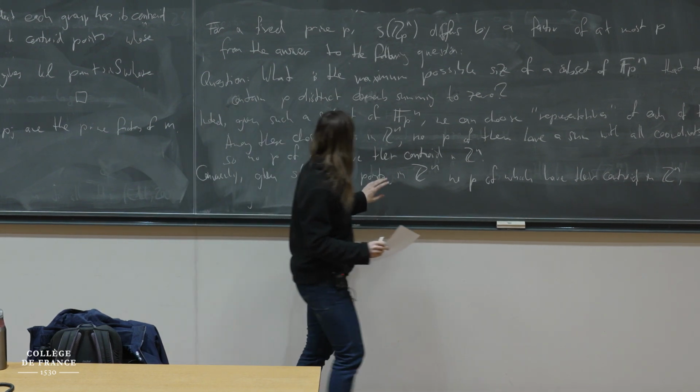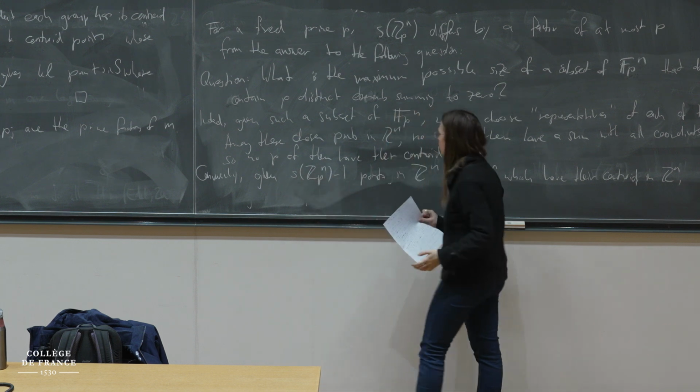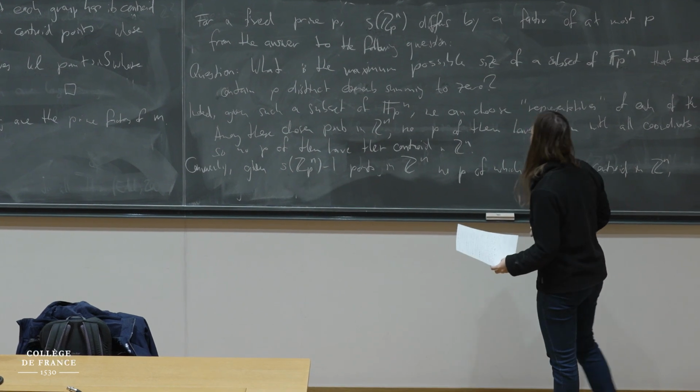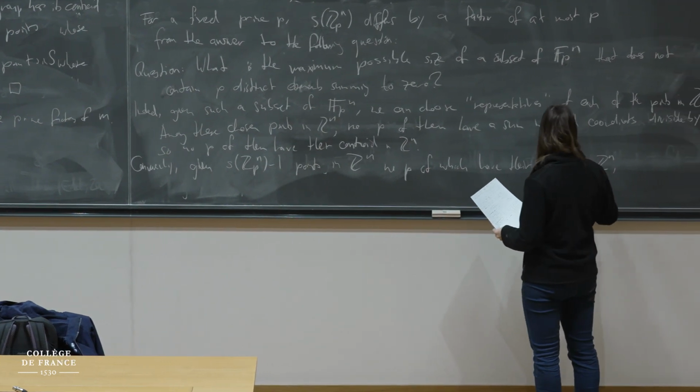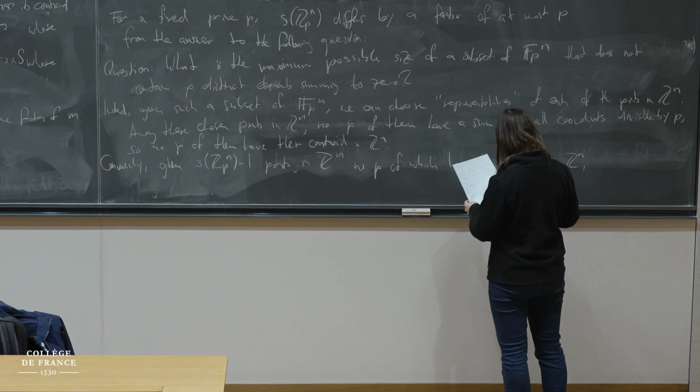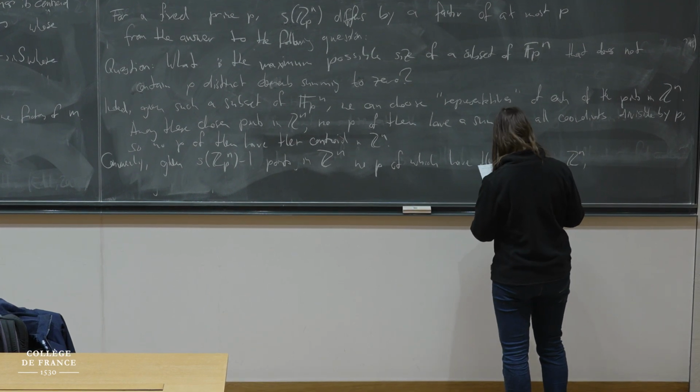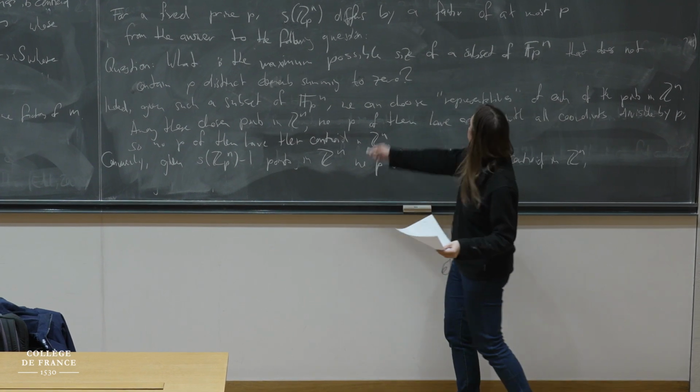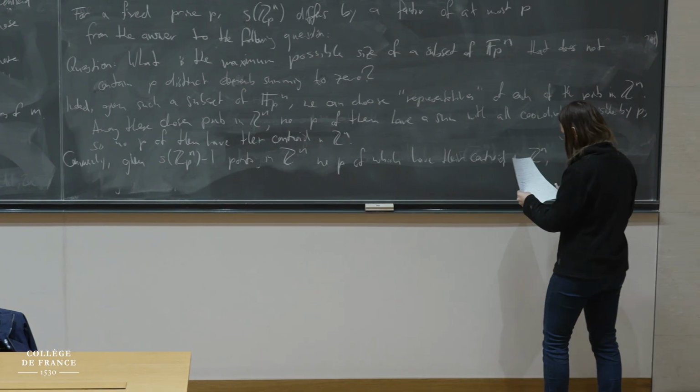So we start with such a construction of S of Z_p^n minus 1 points in Z^n, no p of which have their centroid in Z^n. And now what we'll do is we will project these points into F_p^n.